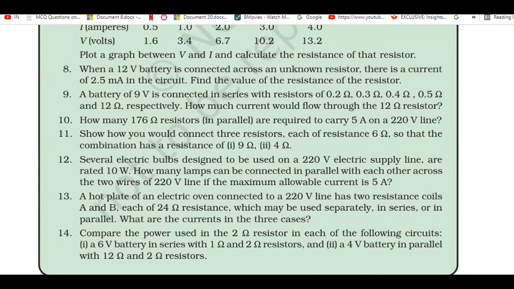You got the answer? No, I did not. You don't know the answer.